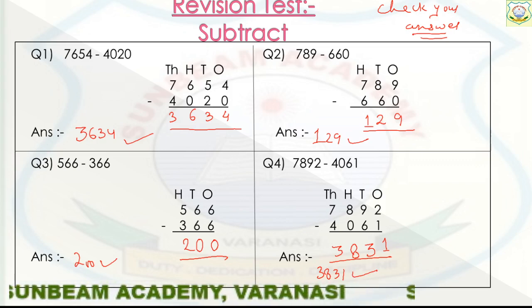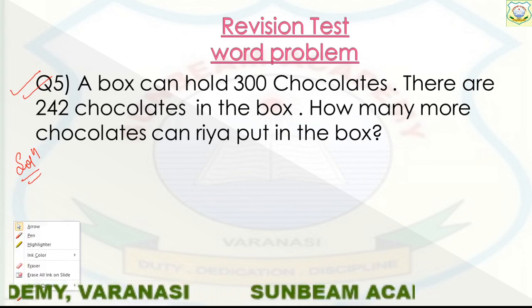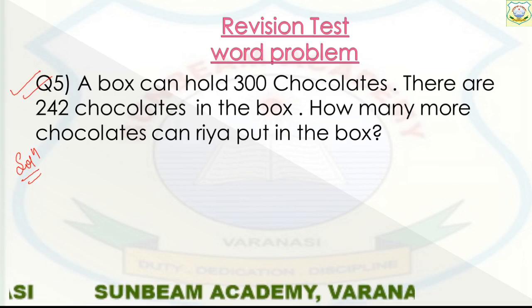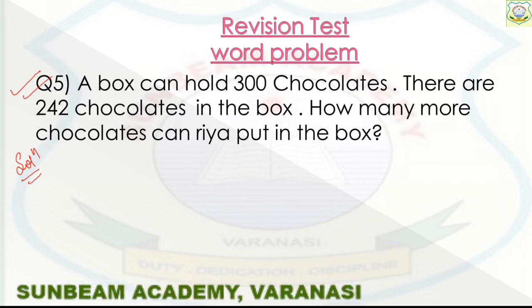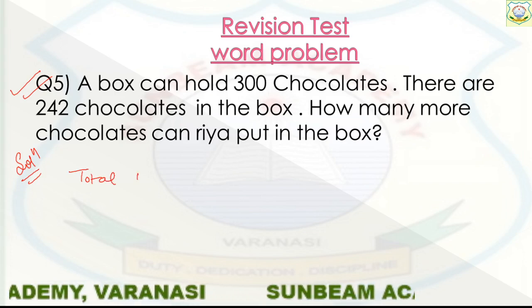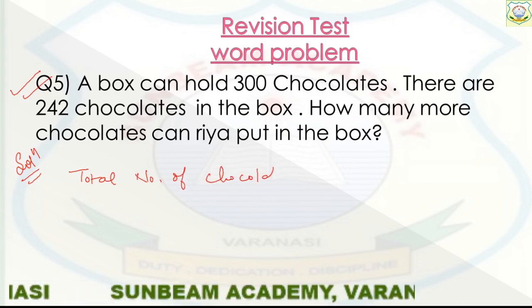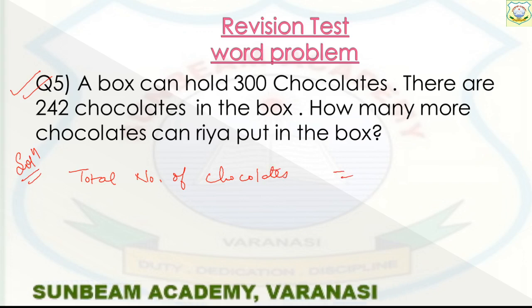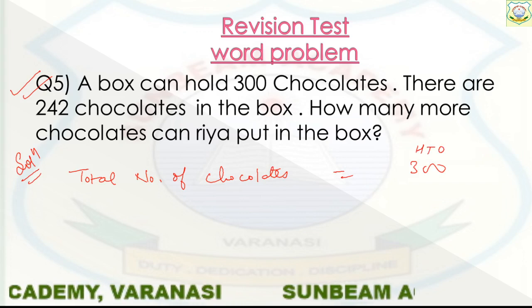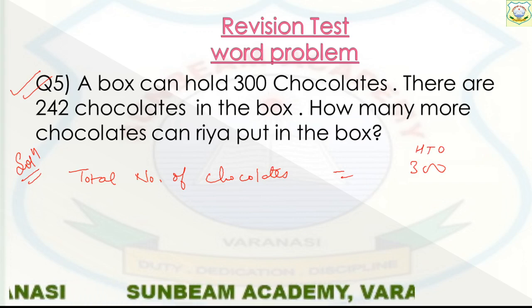Okay, next question. In the next question, your statement may differ from mine. For example, a box can hold 300 chocolates. So, I am writing here, total number of chocolates. That is 300. Your language may differ, but it's okay.